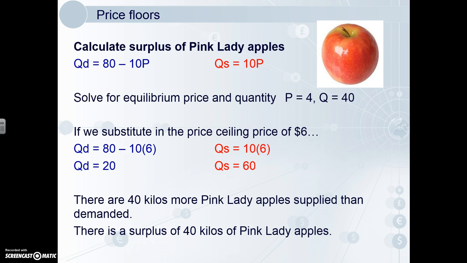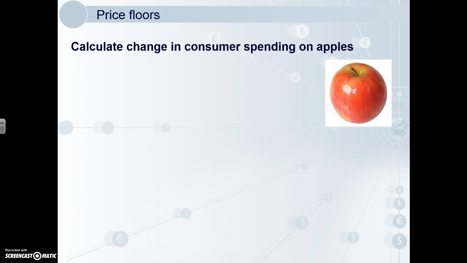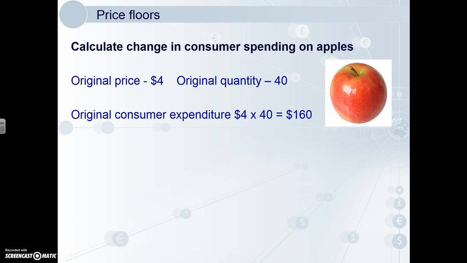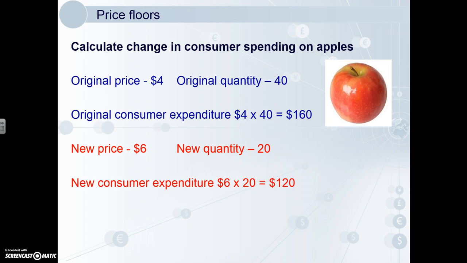We will have to, again, calculate the change in consumer spending on apples. That is really basic. Just sub in the numbers. Consumer expenditure, we'll find, has decreased by $40.